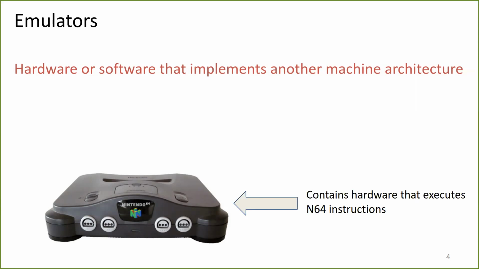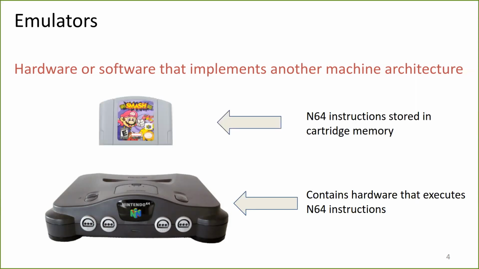Just as our machines execute instructions found in programs, so too does the N64. However, its programs came in the form of physical cartridges. Each cartridge contained a chunk of read-only memory, or ROM, and this ROM stored the instructions that, when executed, would let a user actually play the specified game provided by the cartridge.